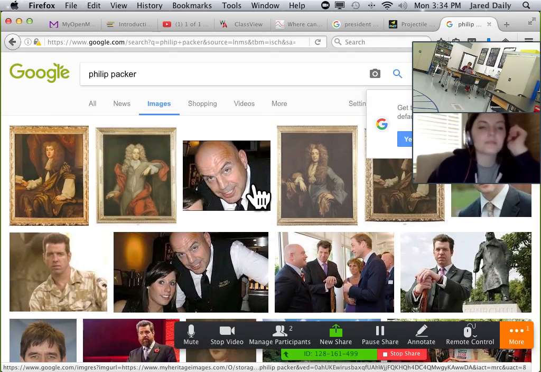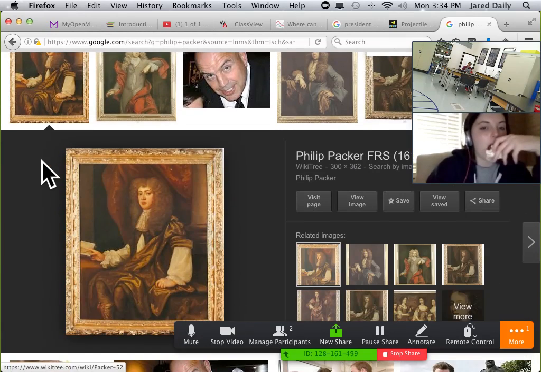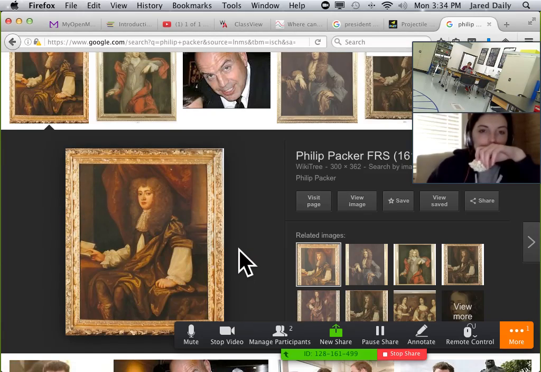But this guy, Philip Packer, was one of the original founders of the Royal Society, which was the first scientific society in the world. The first group of people to get together to promote science and to trade ideas about science. And they were in London, England. And they funded all kinds of science projects.